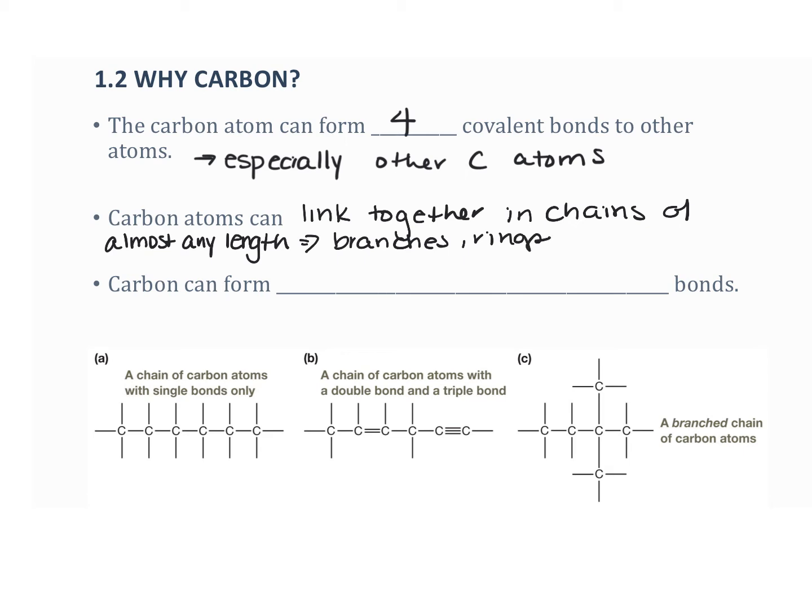Now, not only this, but carbon atoms are capable of forming single bonds, but also double or triple bonds. So there's a lot of versatility in the bonds they can form. And you can see this here. Here's a double bond and here's a triple bond.